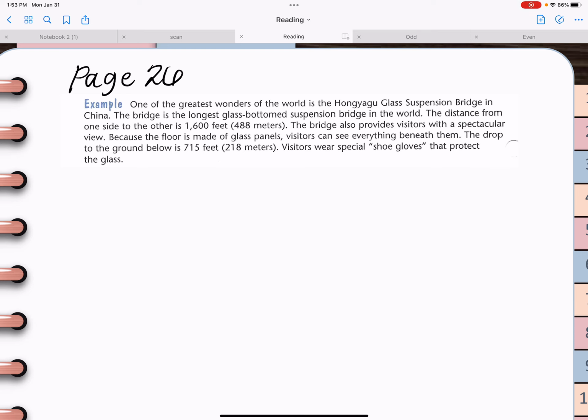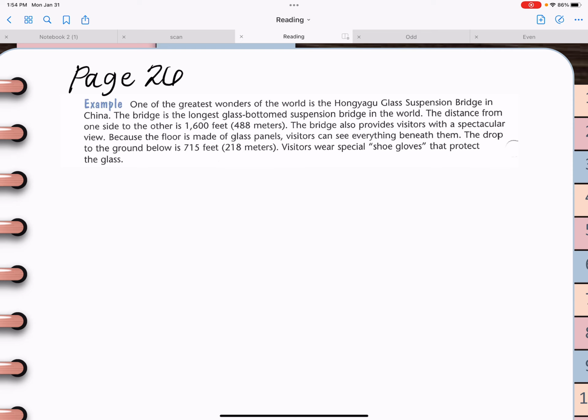One of the greatest wonders of the world is the Hongyagu glass suspension bridge in China. The bridge is the longest glass-bottom suspension bridge in the world. The distance from one side to the other is 1,600 feet or 488 meters.